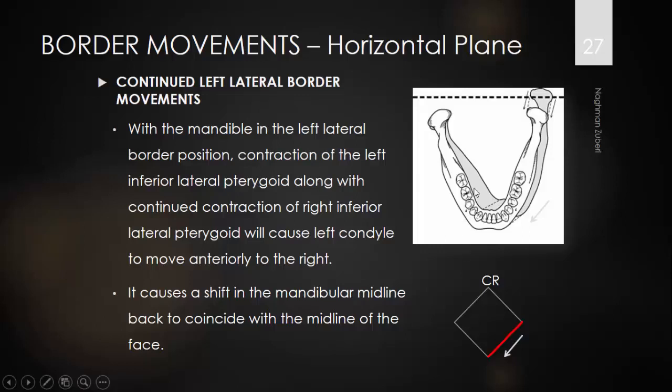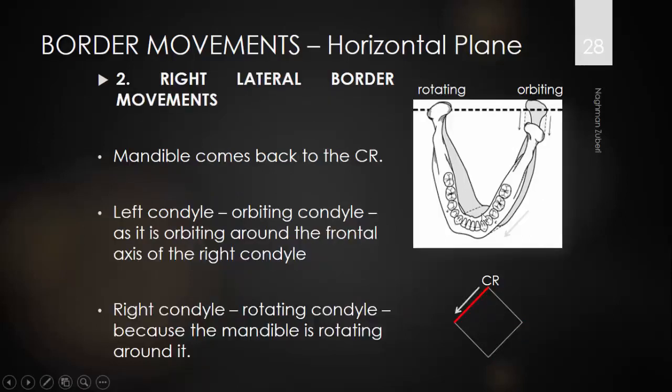Right lateral border movements. The mandible comes back to the centric relation, and the left condyle is the orbiting condyle as it is orbiting around the frontal axis of the right condyle. The right condyle is the rotating condyle, because the mandible is now rotating around it. So this is the working side now and this is the non-working or orbiting condyle.